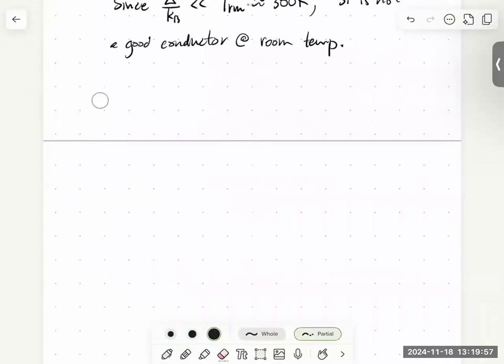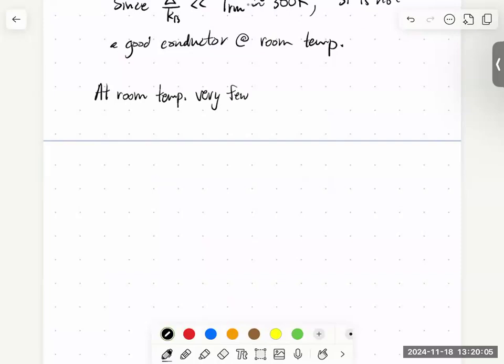All right, so let's see, at room temperature, very few covalent bonds break, but it's more than zero.